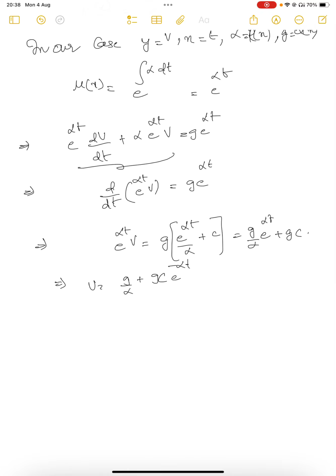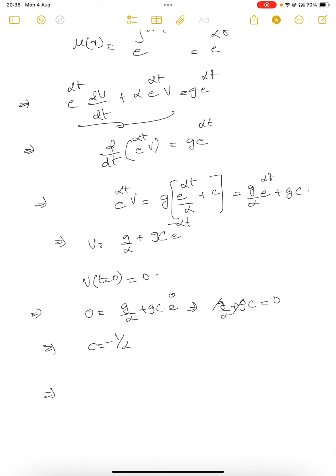That means it's freely falling, so v at t equal to 0 is 0. This will be g by alpha plus gc into e power 0, which is 1, so g by alpha plus gc equals 0. Then c equals minus 1 by alpha.